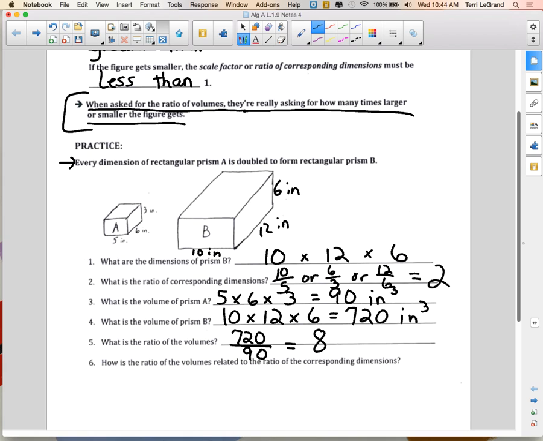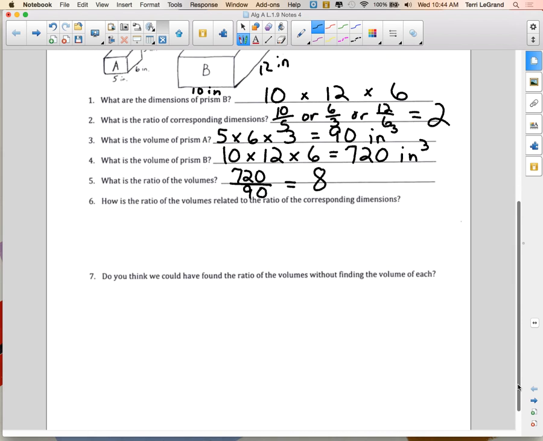So our prism got how many times larger? 8 times larger. So how is the ratio of the volumes related to the ratio of the corresponding dimensions?